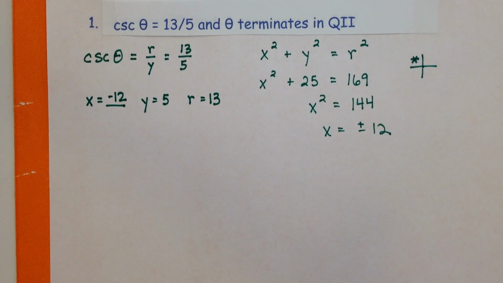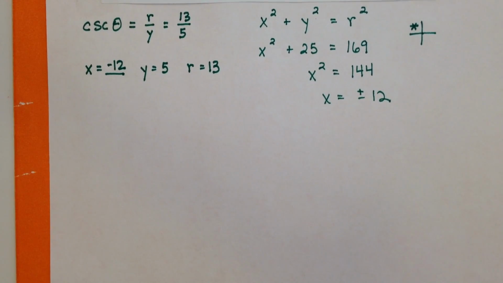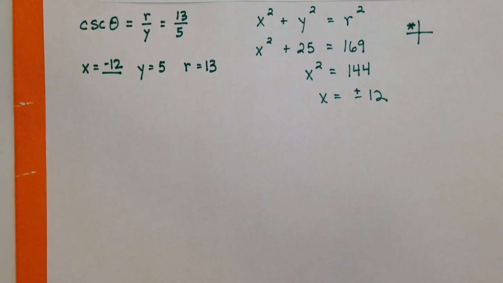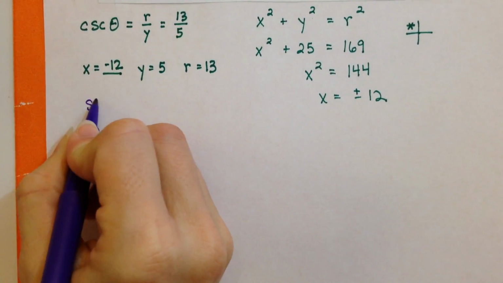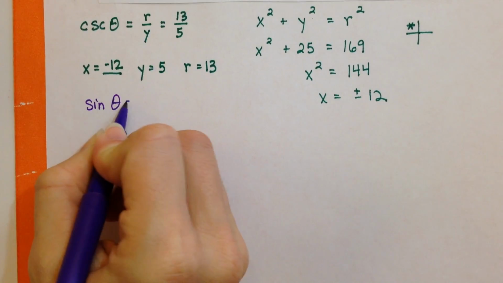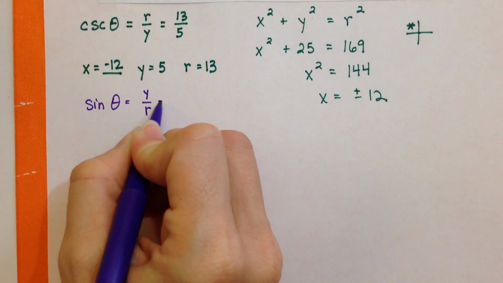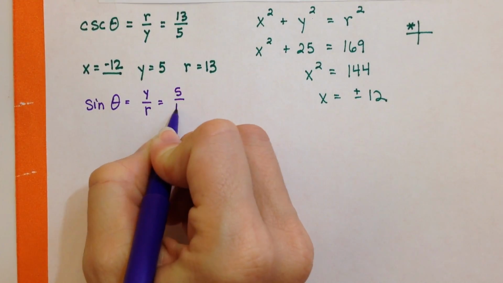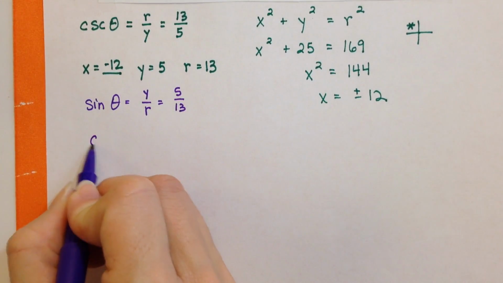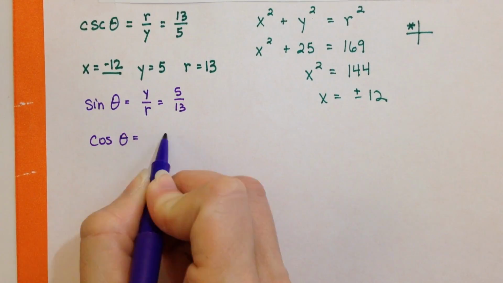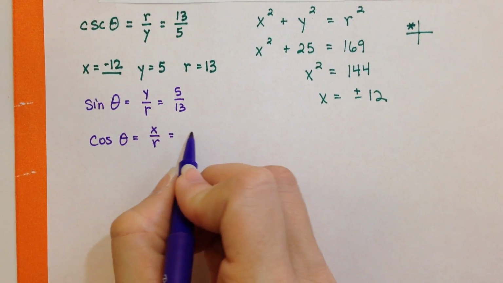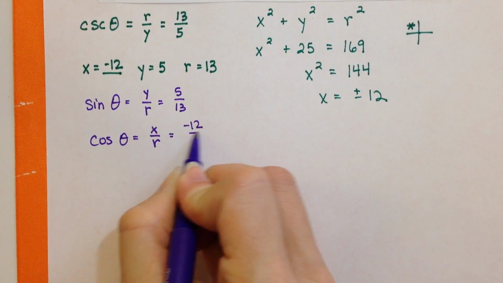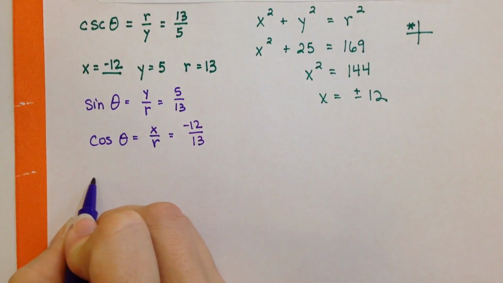Now, at this point, you do the same thing that we were doing earlier as far as finding all of your trig functions. Okay, so I'm going to start with sine. Sine is y over r, so that's 5 over 13. Cosine is x over r, so that will be negative 12 over 13.